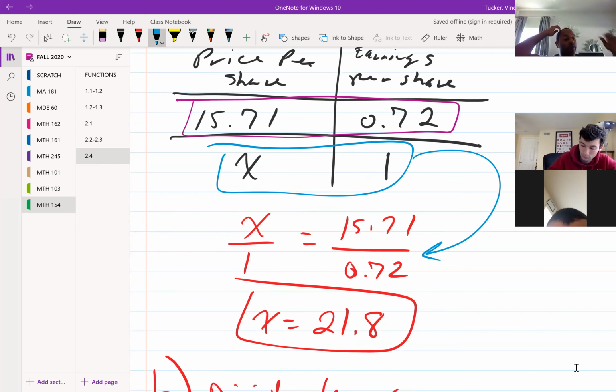Also pay attention to the directions. It'll tell you sometimes to round to the nearest cent, round to the nearest tenth, or round to the nearest dollar. So make sure you round properly. If you do not, then it will mark it wrong. So make sure you watch that. This one said round to the nearest tenth.